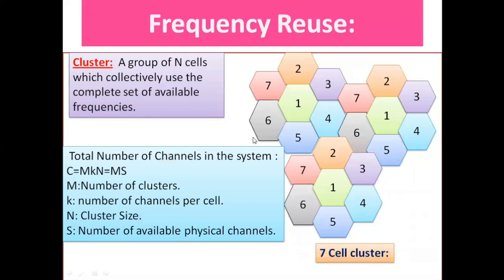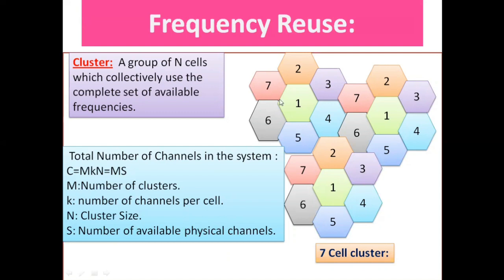Then here, instead of having a high power transmitter, we go for a low power transmitter in the cells, such that the whole area is covered. So by going in for frequency reuse, I can improve the capacity also.